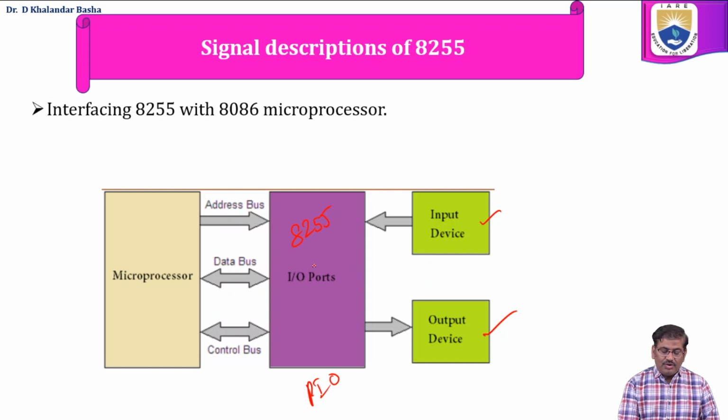Next, as we know, in 8255 we have port A, port B and port C. The IO devices can be connected to any one of these ports, depending upon whether the device is an input or output device. The port bits present in the control word register are configured. Whenever we write a particular port bit in the control word register as 1, that port will be configured as input. If written as 0, it will be configured as output.